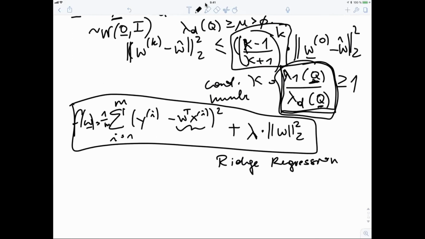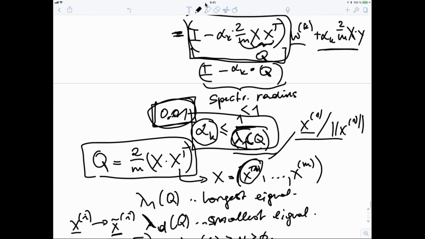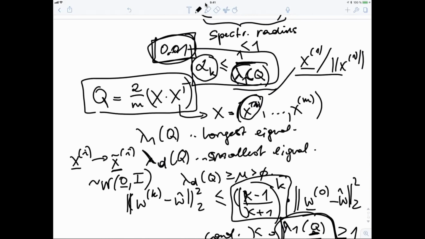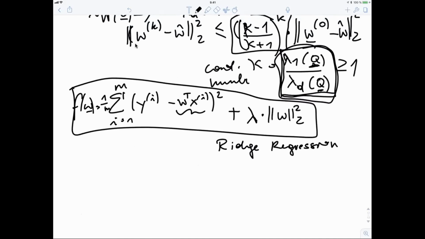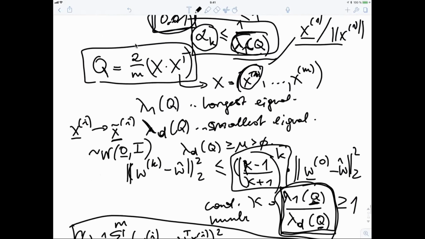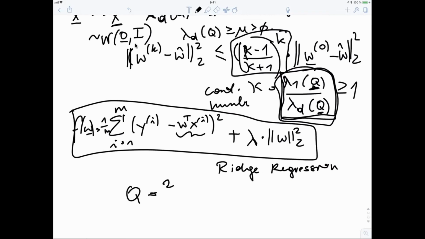So again, for gradient descent in ridge regression, we have this structure, but the matrix Q, whose condition number determines the convergence speed, looks now a bit different. Q was before 2 over m X transposed X, and in ridge regression we get a new matrix that adds an identity term, and this stems from this component.